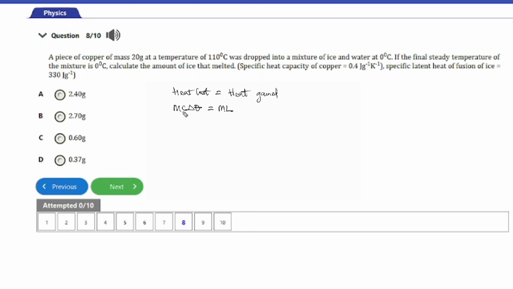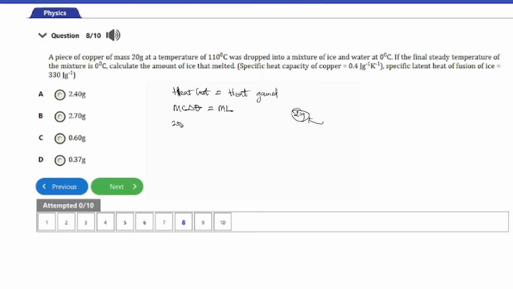So if we use this, then we're going to have the mass, which is 20 grams of copper. Since we have this in grams, that's 20 grams of the mass, and the specific heat capacity is also in joule per gram per Kelvin. So we are not going to make any conversion here.